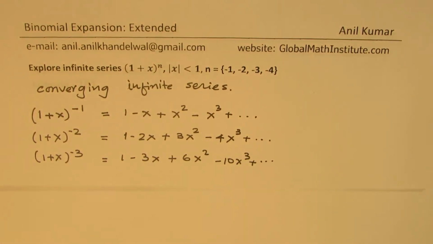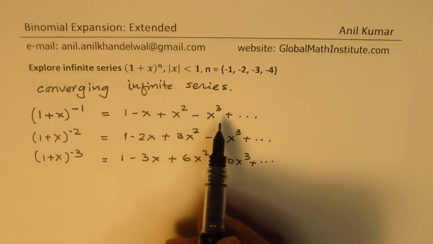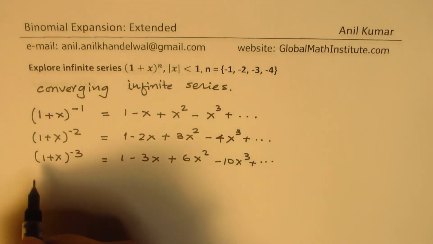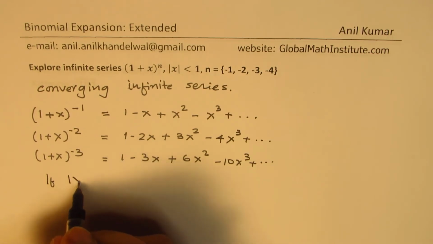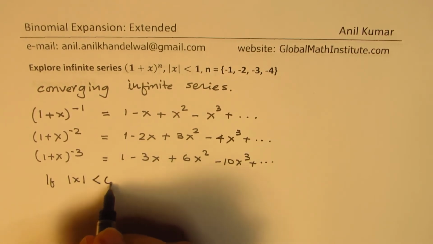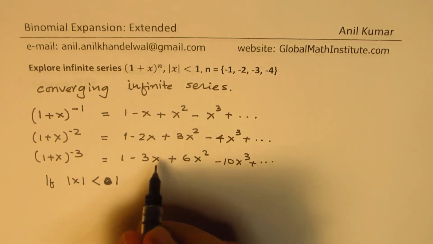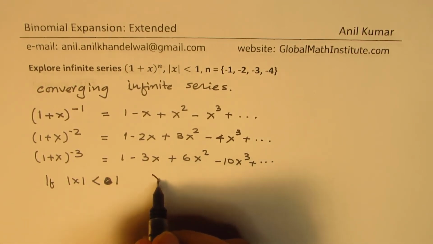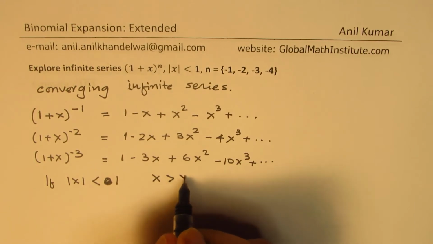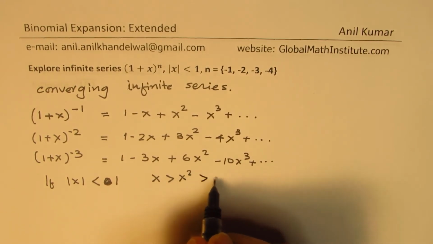So likewise, we get the series where, as you can see very clearly, if the absolute value of x is less than 1, in that case we know that x is greater than x squared, which is greater than x cubed.